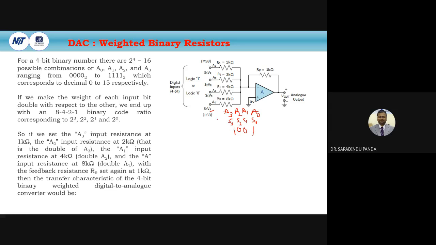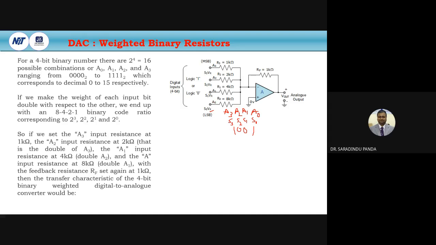Okay. So A0 is nothing but S0 into VR. If S0 is 1, then what is A0? That is VR. If S1 is equal to 0, what is the value of A1? Now it is 0. If S2 is 0, so A2 will be 0. If S3 is 1, so A3 is VR.